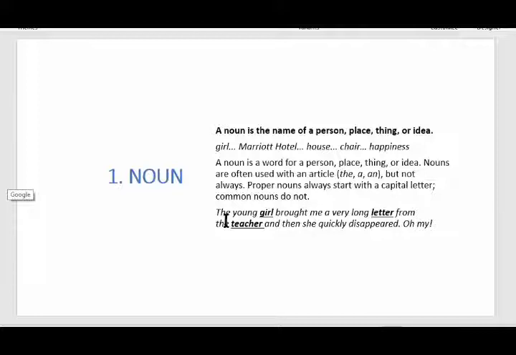In this example sentence, there are total 3 nouns. The young girl brought me a very long letter from the teacher, and then she quickly disappeared. In here, the words girl, letter and teacher are nouns.